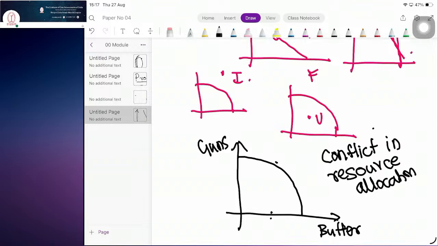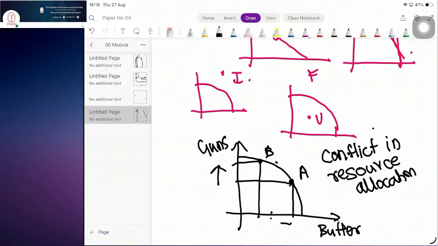Suppose we are at A and from A we go to B. If we increase the production of guns, what will happen? What will be the opportunity cost? If you go to the x-axis, what do you see?